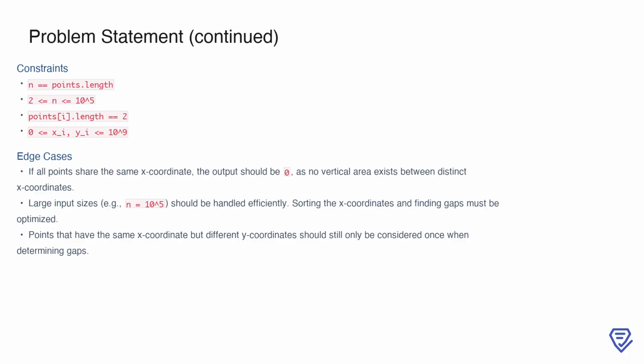As an edge case, if all the points share the same x-coordinate, the output should be 0, since there are no distinct x-coordinates to form a vertical area. Additionally, if multiple points have the same x-coordinate but different y-coordinates, we only consider the x-coordinate once for determining gaps. These considerations ensure our solution is both correct and efficient.